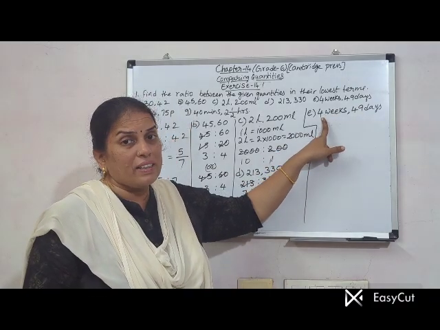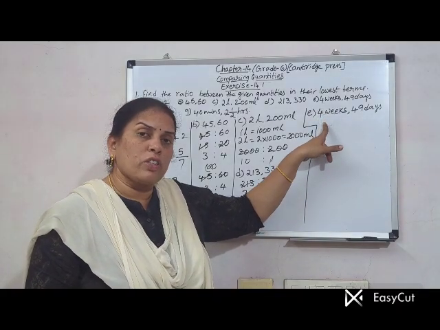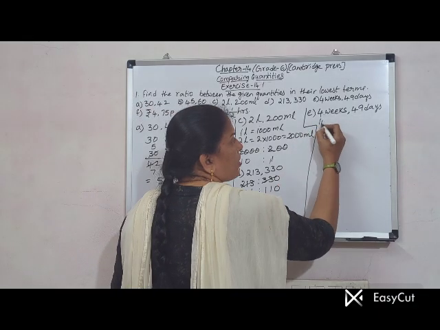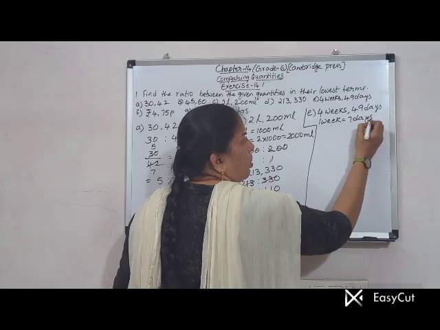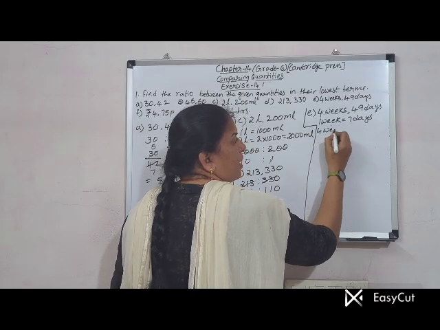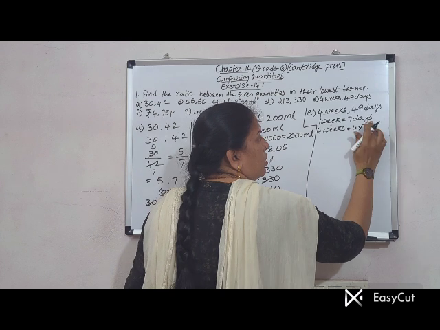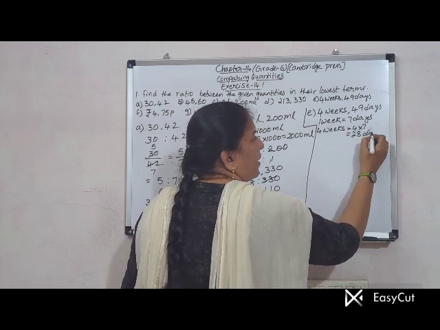So here how many weeks are there? 4 weeks. So 4 weeks means what should we do? 4 into 7. Okay? 1 week is equal to 7 days. So 4 weeks is equal to 4 into 7, which is equal to 28 days.